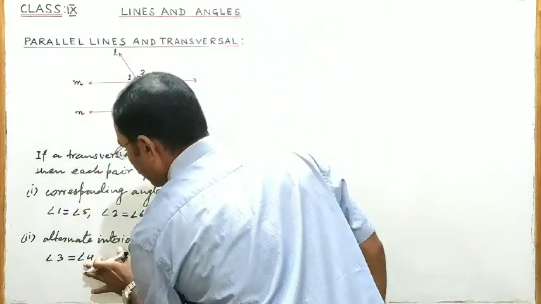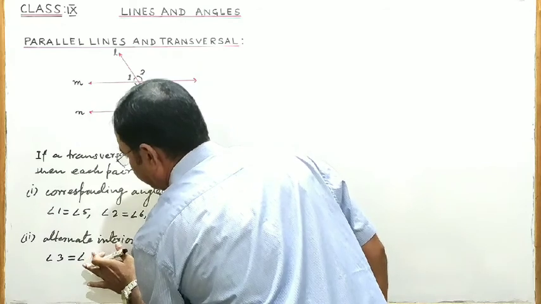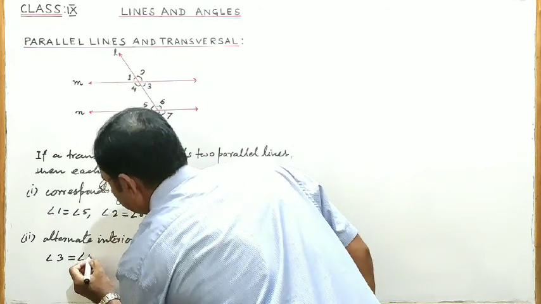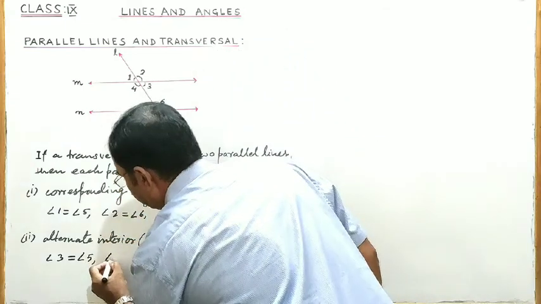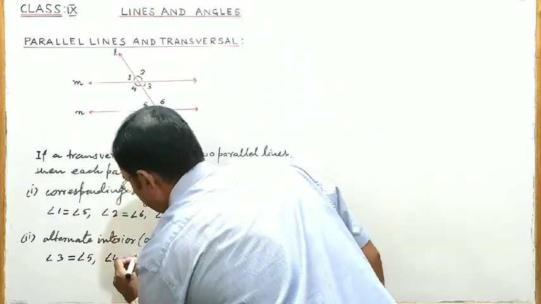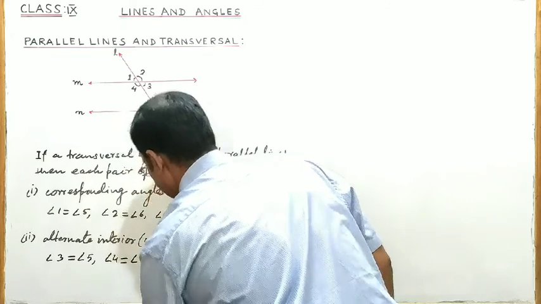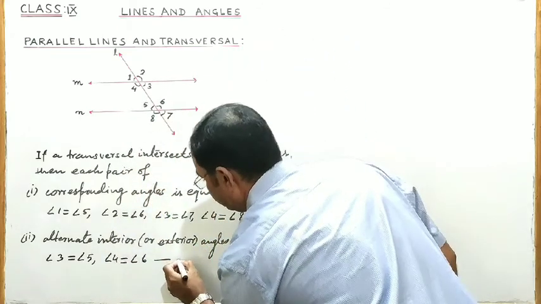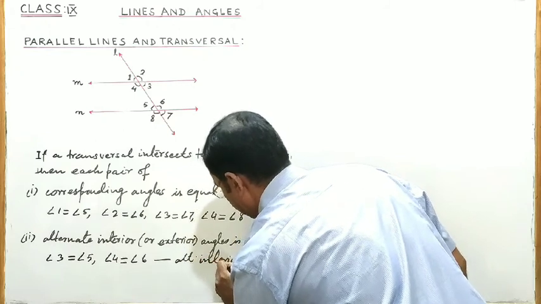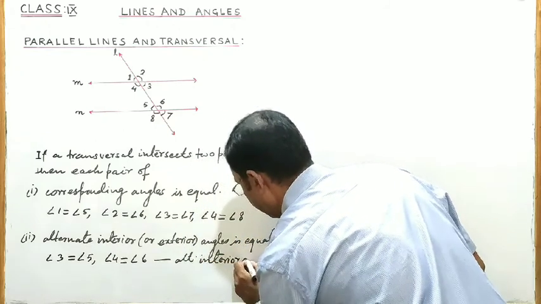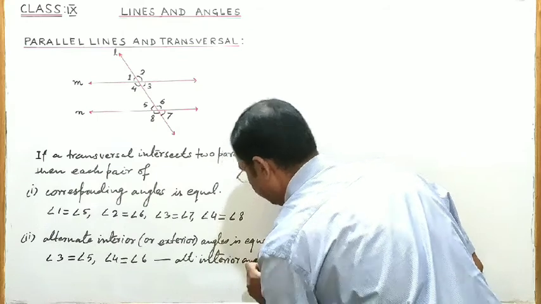So angle 3 is equal to angle 5, and angle 4 is equal to angle 6. They are an alternate interior pair of angles.